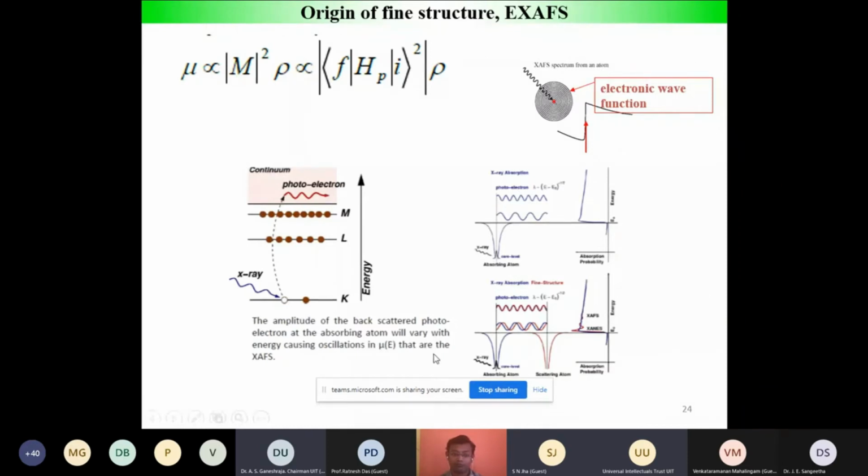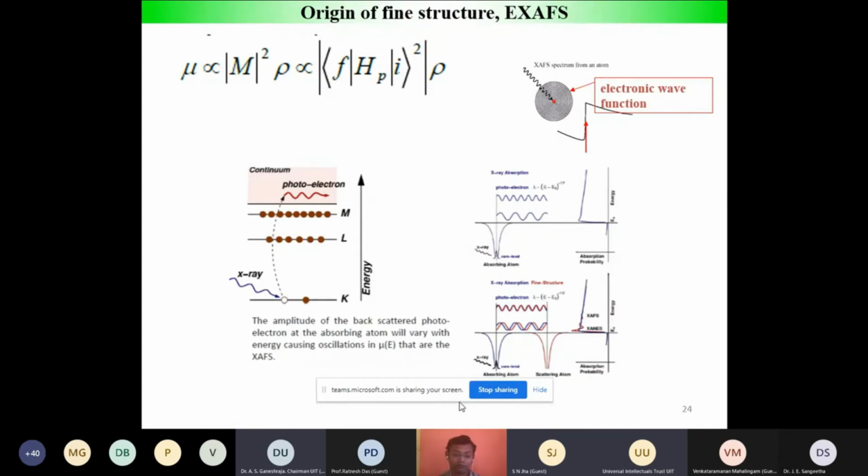In this picture you see there are no oscillations because there is no backscattered wave from a neighbor. But the moment you put in a neighboring atom, this is the scattering atom, then this is the outgoing wave, let us say the blue one, and the red one is the backscattered wave, and then you see the interference pattern, and this interference pattern gives rise to the oscillations over this monotonically decreasing mu as a function of energy.